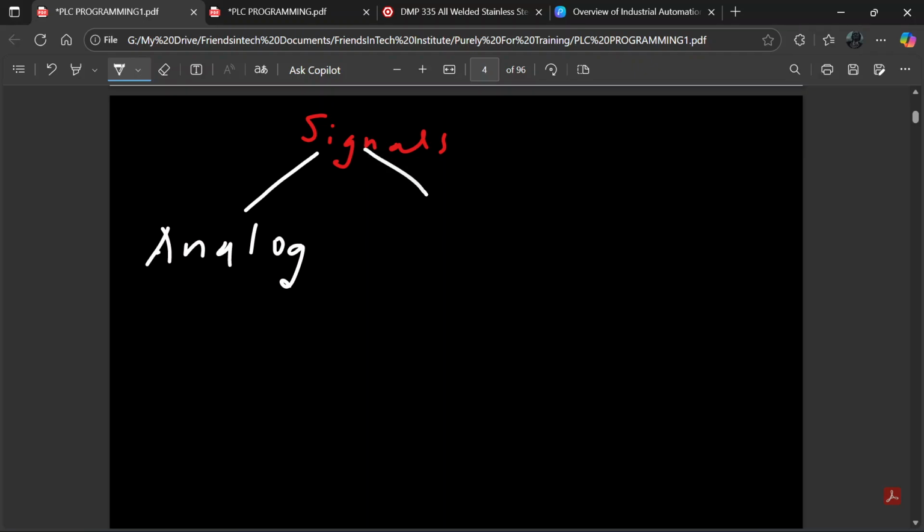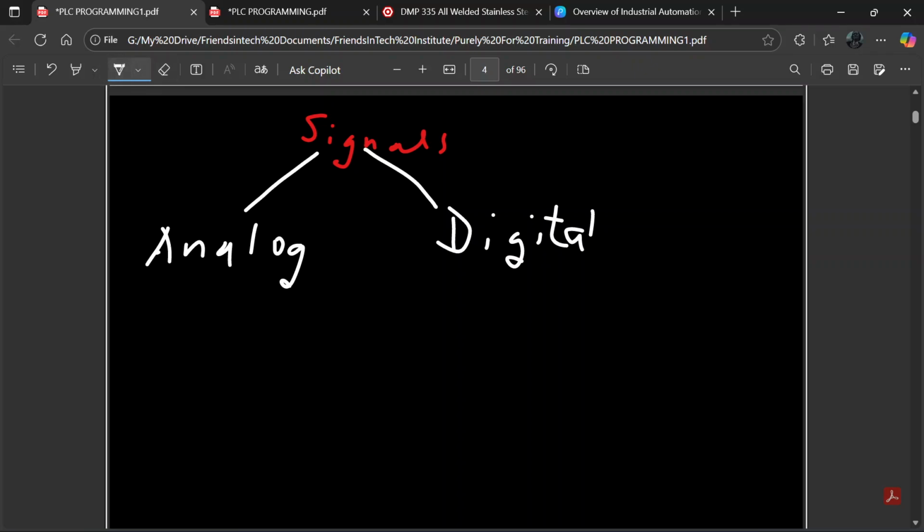But let's just say digital, okay? Digital signals. Now, you have a PLC. So PLC can handle analog and digital signals. For a PLC to handle digital signals, it will need a digital input card or a digital output card.